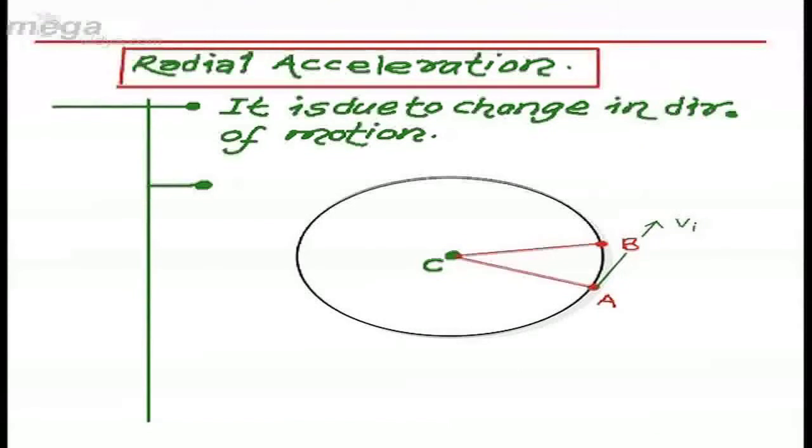After a very little time, its velocity's magnitude is still the same, but the direction of motion will be somewhere in this direction, again tangential to its path.